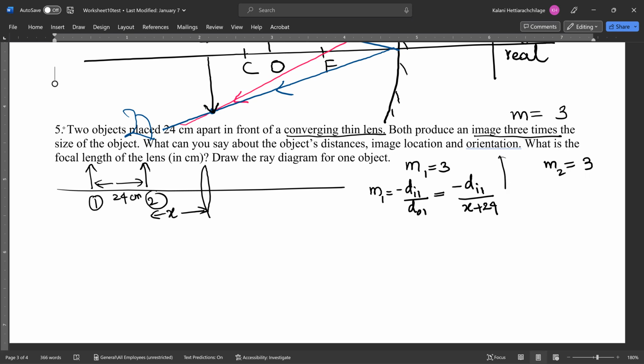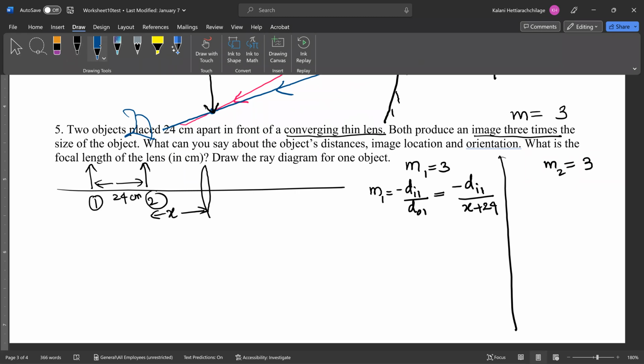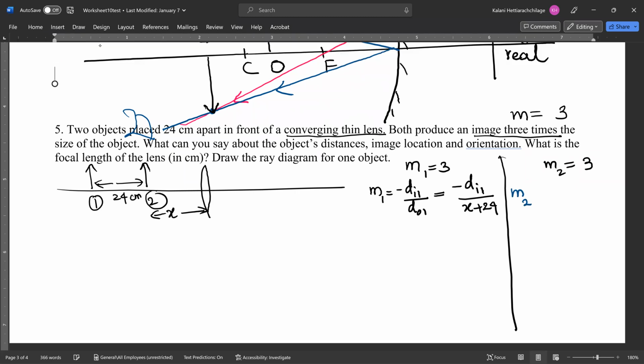I'm going to do it probably in different colors. So now let's do it for the M2. So M2 is also negative. DI2, but for the M2 now the distance will be X, right?